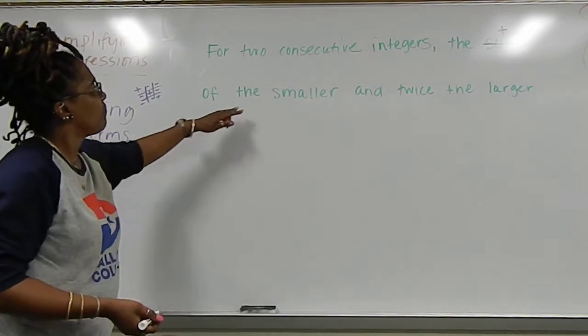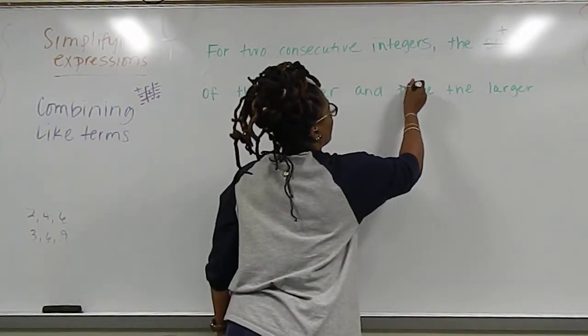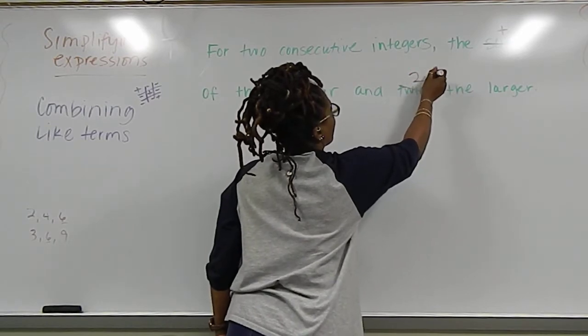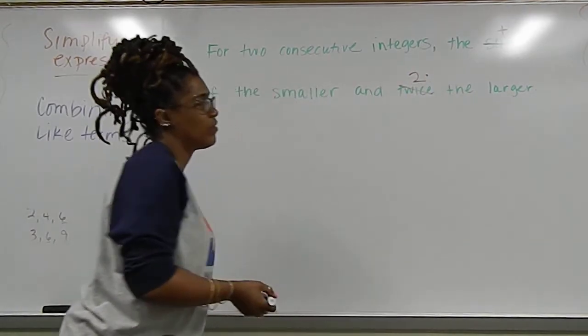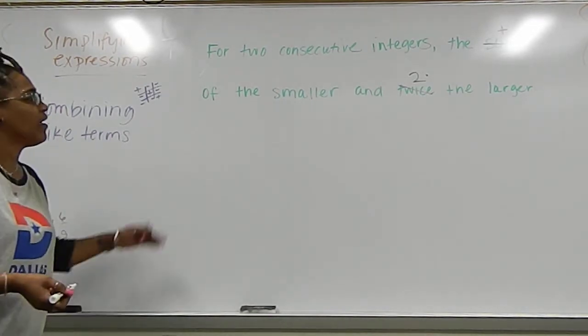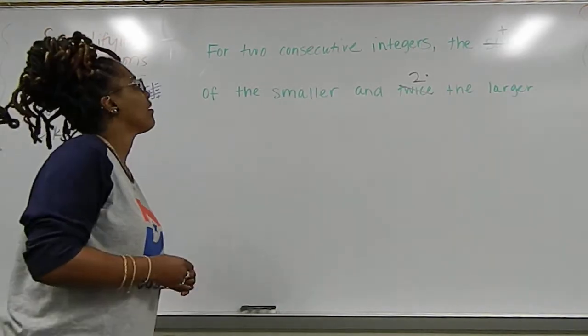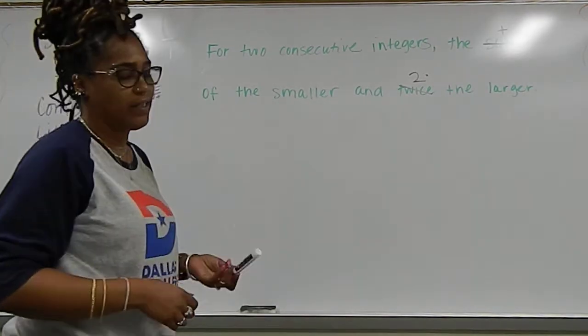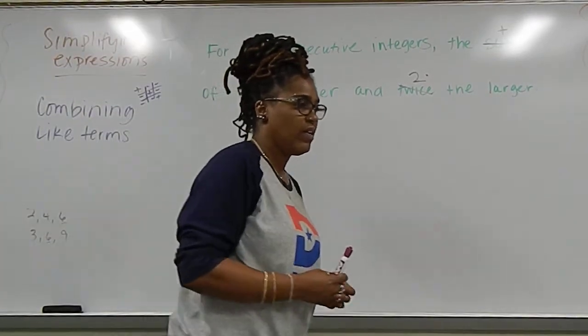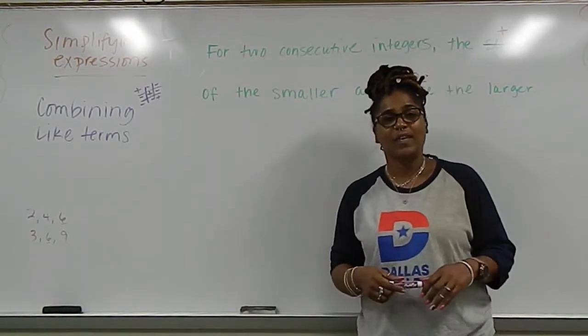The sum of the smaller and twice the larger. Well, we know twice means 2 times, right? So whatever the larger number is, it's going to be 2 times that. So we see that we're adding a smaller value and twice the larger, but we just have to figure out what it means for 2 consecutive integers. So again, I told you the key word was consecutive. What does consecutive mean?